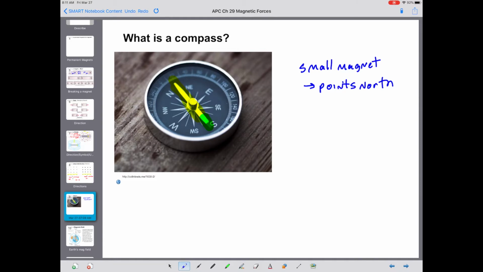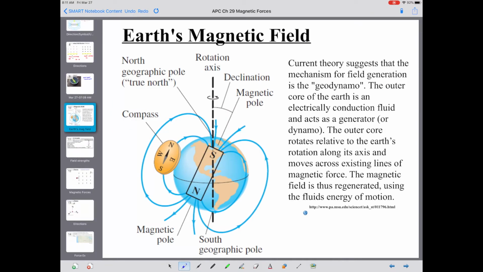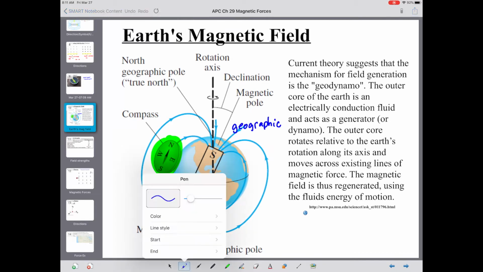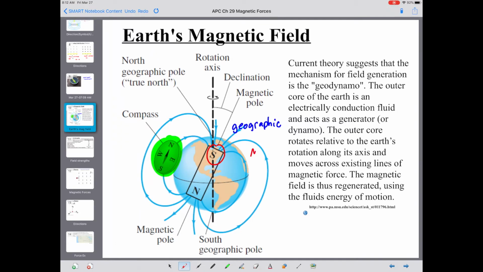So if we consider Earth's magnetic field, the geographical north is not the magnetic north. Your compass points towards the geographical north, but the geographical north is actually your magnetic south. So compass needles do point north, and you just have to think in terms of the distinction between geographical north, which is the north we're used to calling north, and magnetic north. The magnetic north is actually at Earth's geographical south pole.